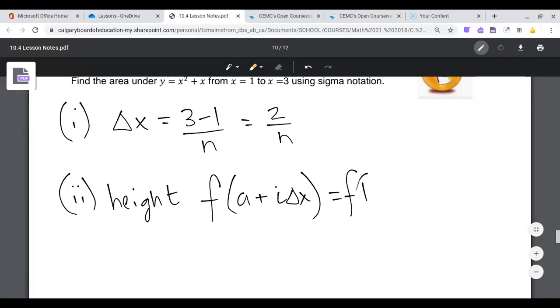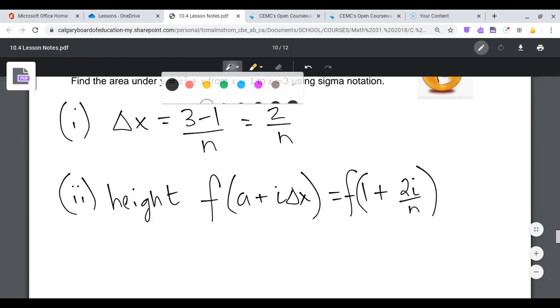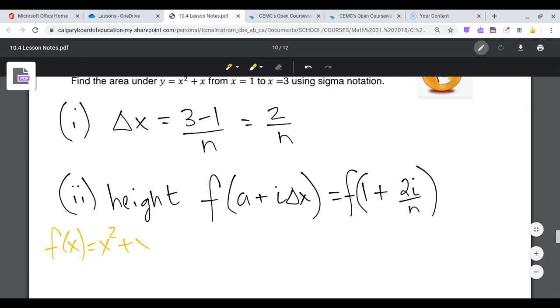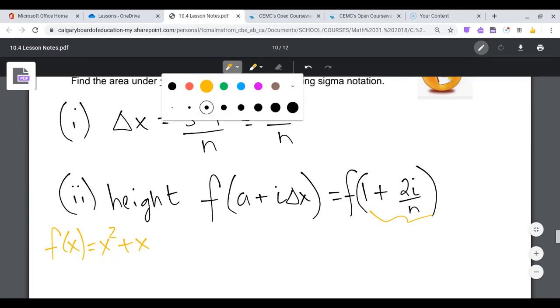So I have f of 1 plus the i width is 2i on n. So that's representing my height, and that's going to go into my function. f of x is equal to x squared plus x. So each of my x's is going to get replaced with 1 plus 2i on n.